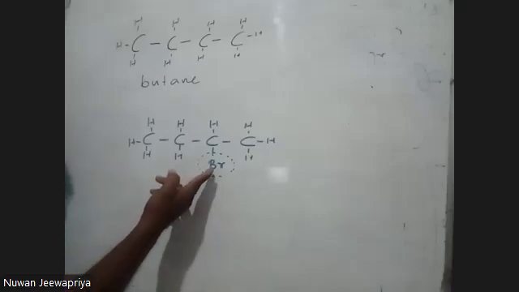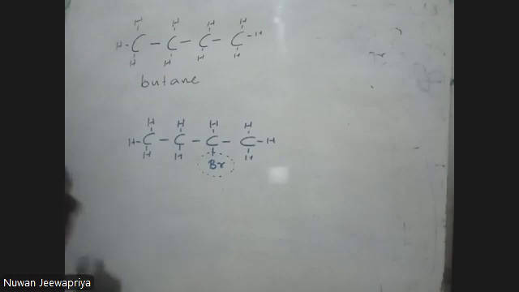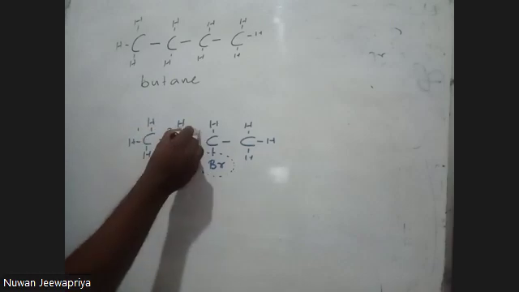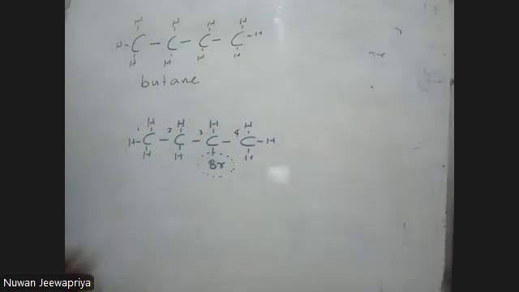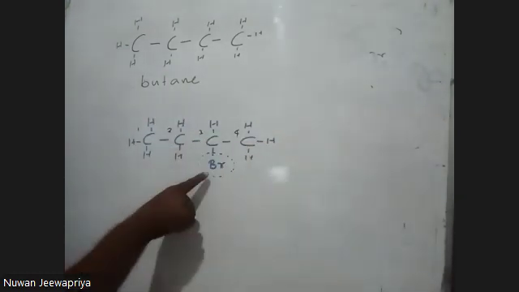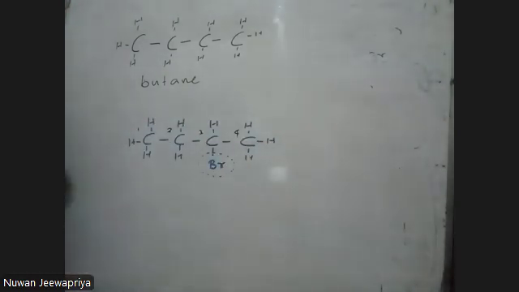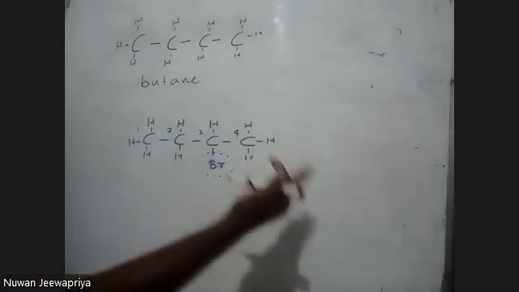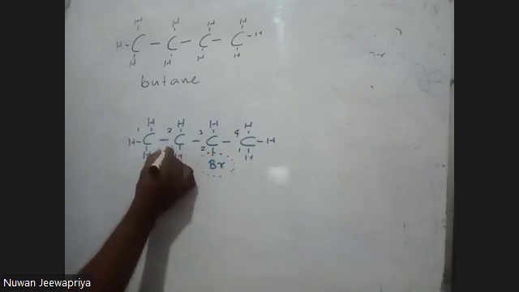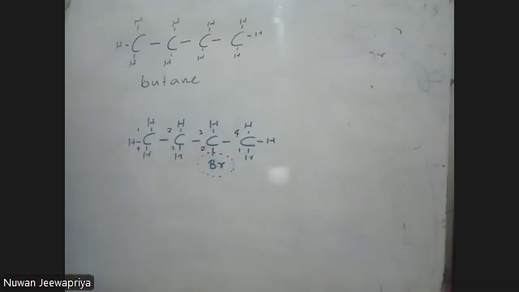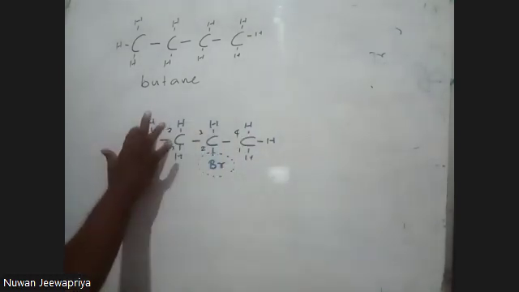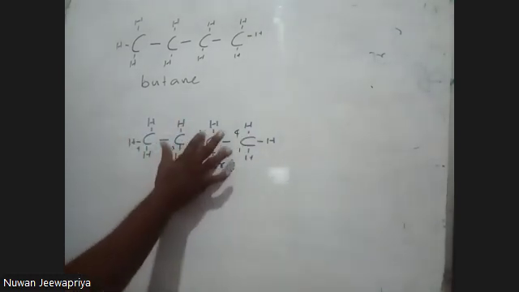If I count from left to right, bromine gets number 3. But if I count from right to left, number 1 carbon, number 2, number 3, number 4, this way bromine gets the lower number. So I reject the first method of numbering.